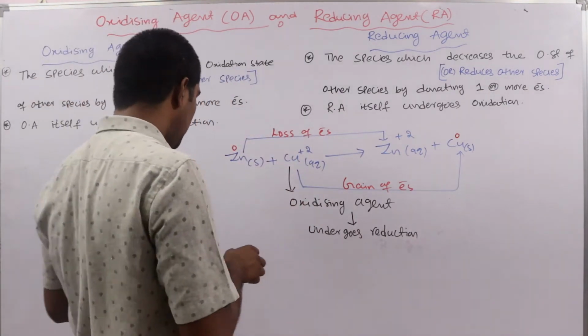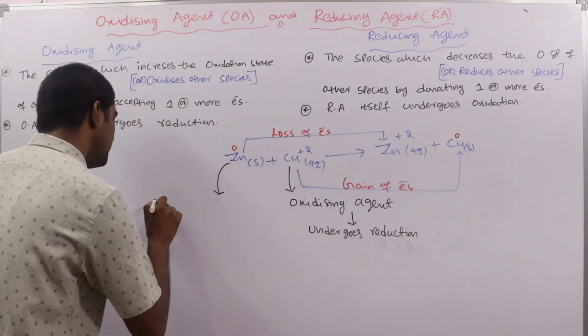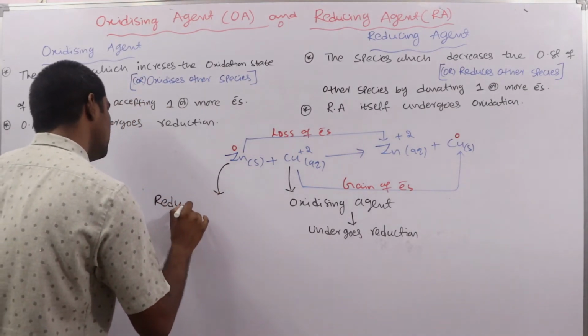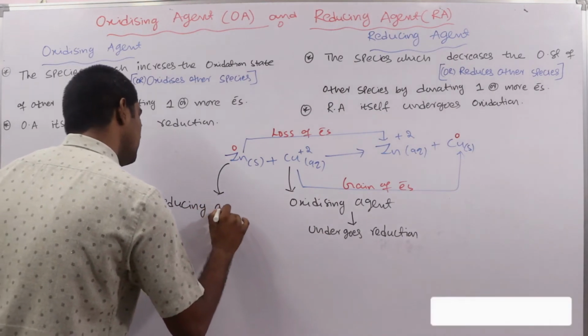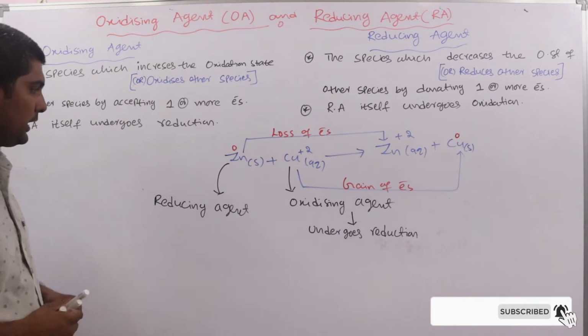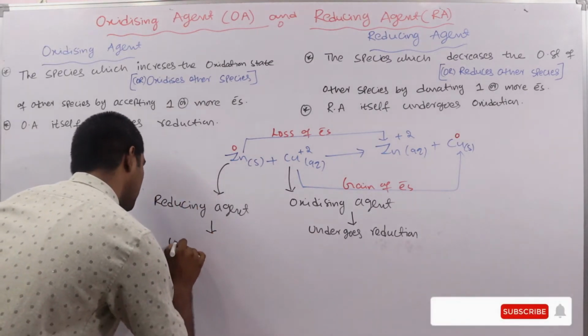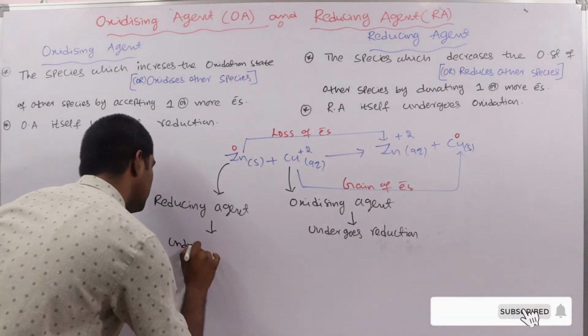Okay, simple. Next here, if we consider zinc, this is a reducing agent here. Zinc is a reducing agent and it undergoes reduction. Sorry, undergoes oxidation.